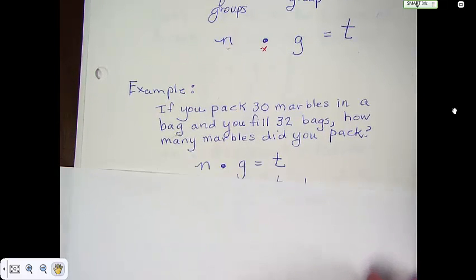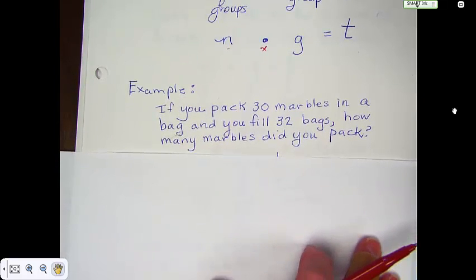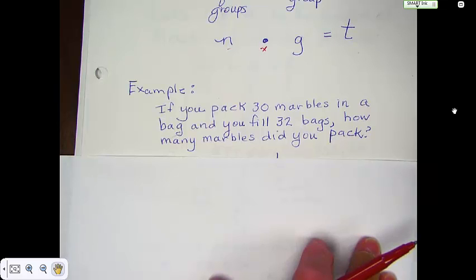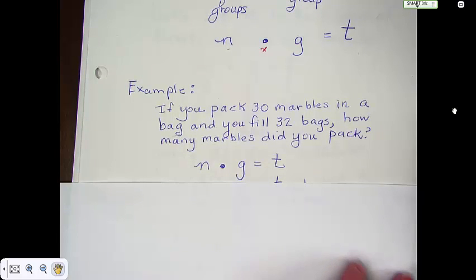Now, I've got another example here that's kind of nice. If you pack 30 marbles in a bag and then you fill up 32 bags, how many marbles did you pack? Well, how many bags do you have? You've got 32 bags. How many marbles in each bag? There is 30. And so the formula looks like this.